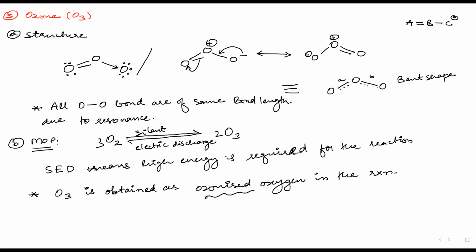What is ozonized oxygen? It is O2 plus O3. The percentage of O2 is maximum, that is 90%. That is why it is oxygen with some ozone. That is why ozone is 10%. So ozonized oxygen is an O2 and O3 mixture in which we have 90% oxygen and 10% ozone.